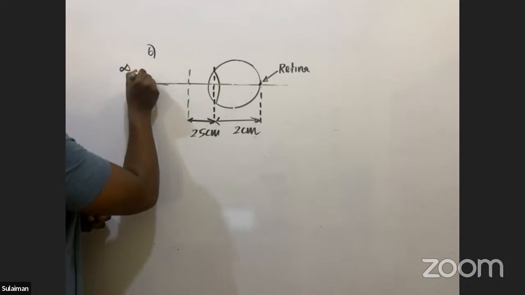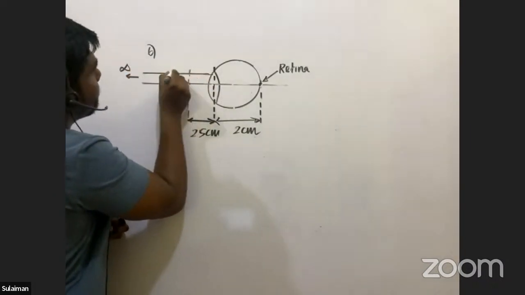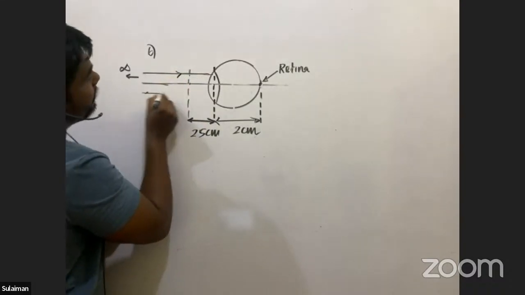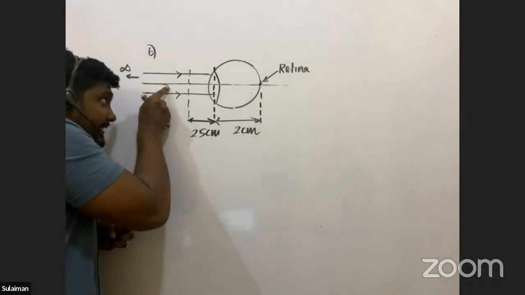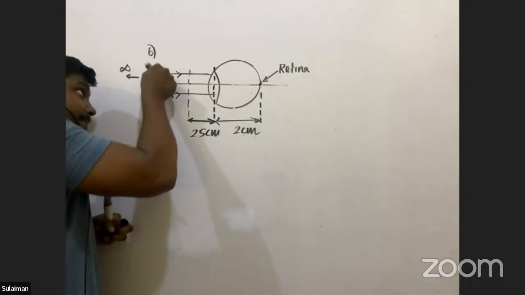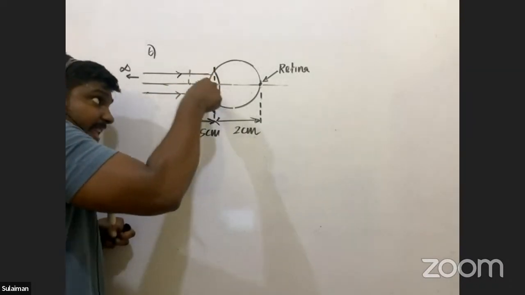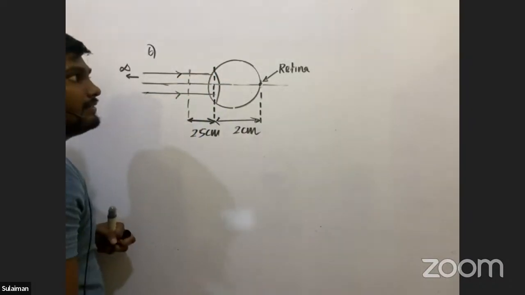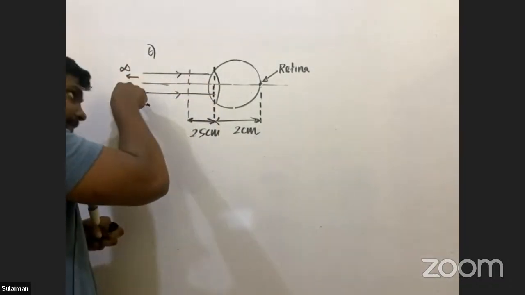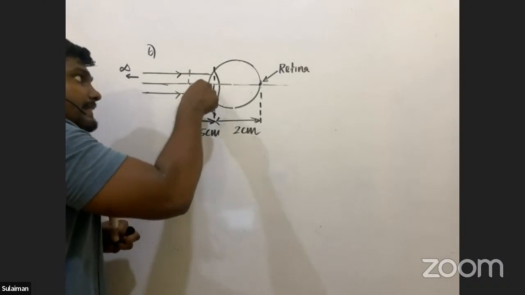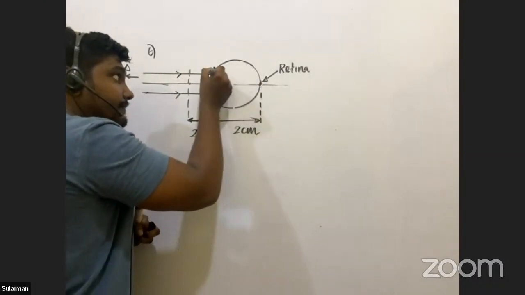Parallel light rays come toward the eye. After these light rays are incident on this convex lens, what will happen? If this eye can see an object at infinity, then after converging, these light rays must converge on the retina.